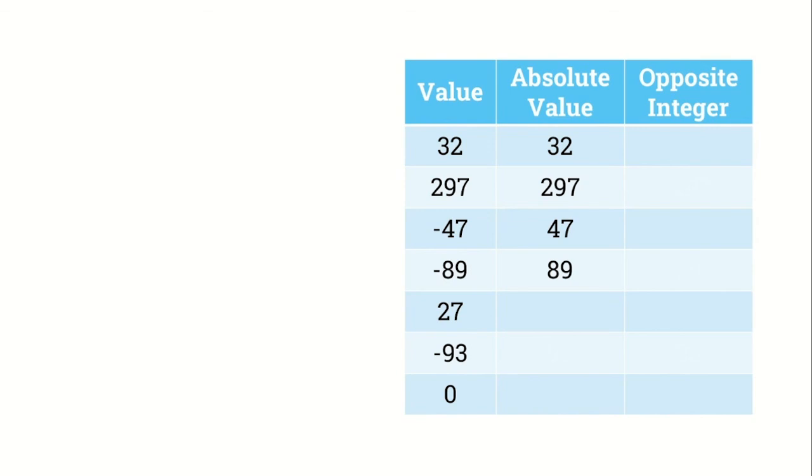Let us try to make shortcuts. Here, we know that the absolute value of 32 is 32. 297 is 297. Negative 47 is 47. Negative 89 is 89 for its absolute value. If you notice, all of the answers are positive.